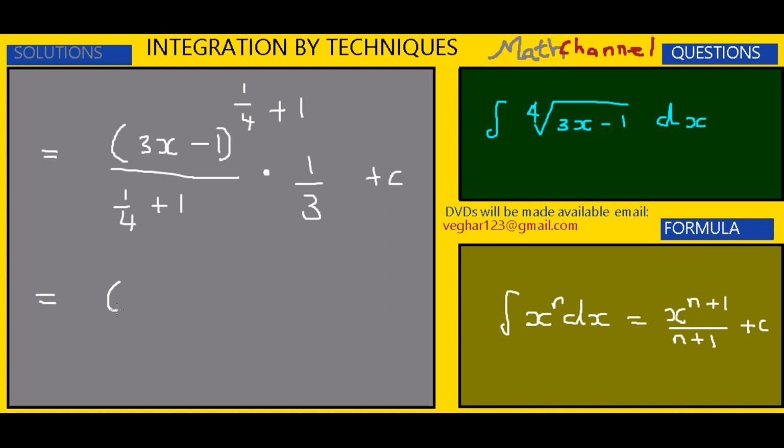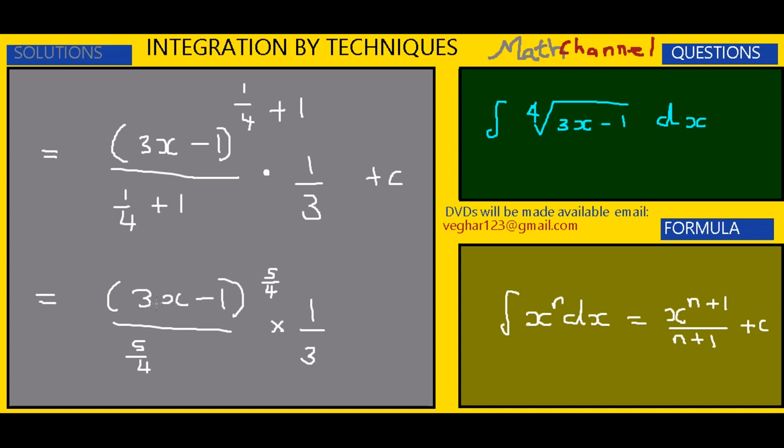Solving this one, it's like 4 over 4. You'll add 4 here, and then you'll have 5 over 4, and then the same here, 5 over 4 multiplied by 1 over 3.